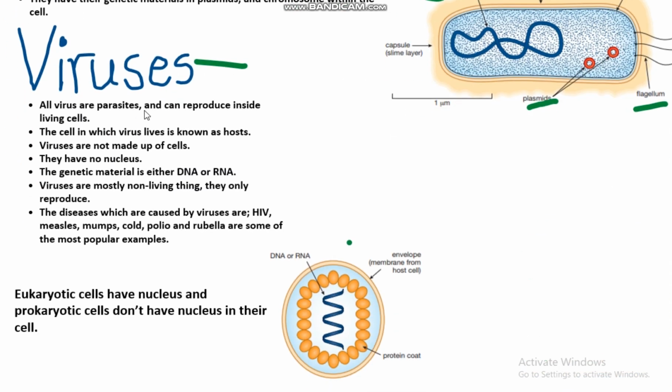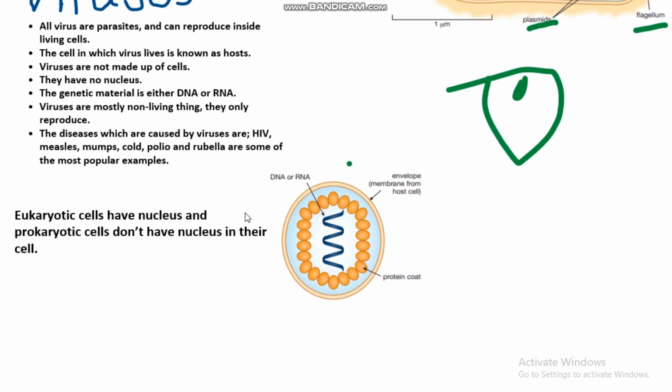And viruses are all parasites, and they reproduce inside living cells. They live in a host, meaning a cell, like a cheek cell, and they live in that cell. Viruses are not made up of cells; they are made up of genetic material, carried by DNA like this, or RNA, and they live in a host cell.